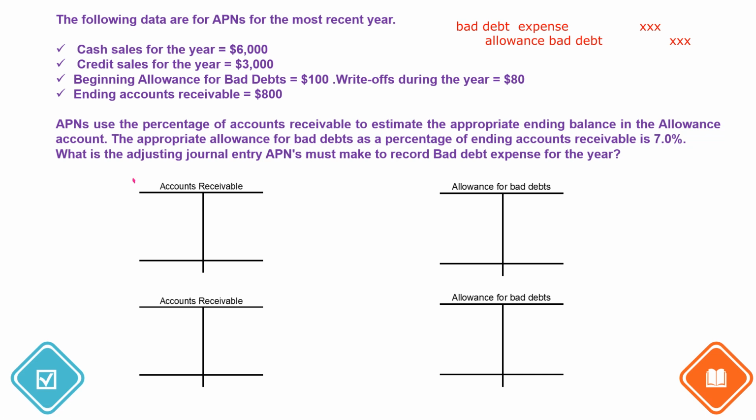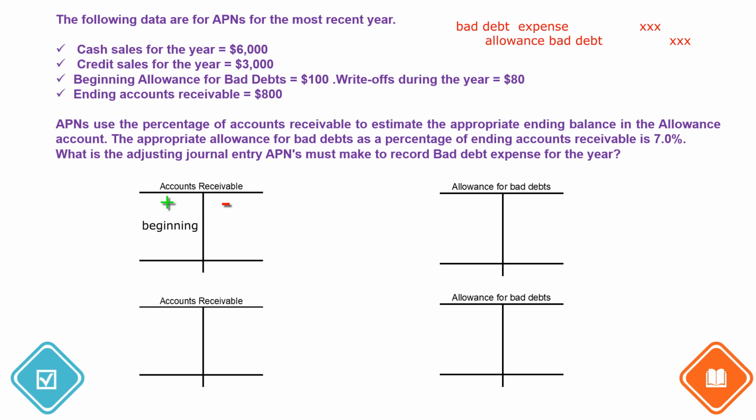Whenever I do this, there are two accounts you should be analyzing: the accounts receivable and the allowance for bad debt accounts. Accounts receivable is an asset account that appears on the balance sheet. It increases on the left with a debit and decreases on the right with a credit. It has a beginning balance.